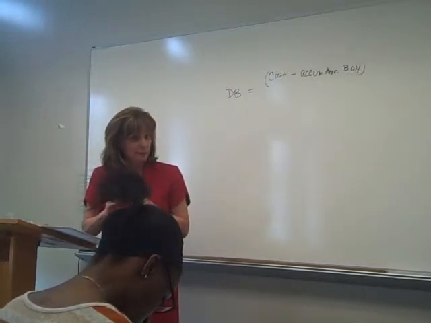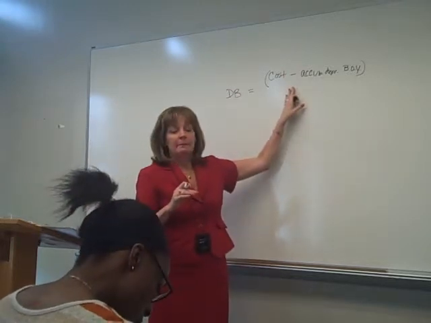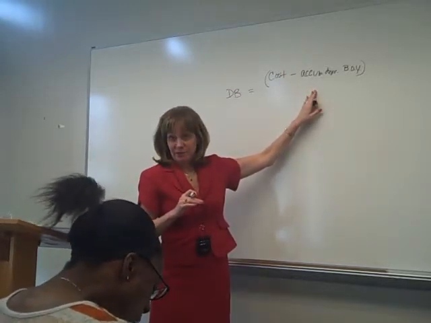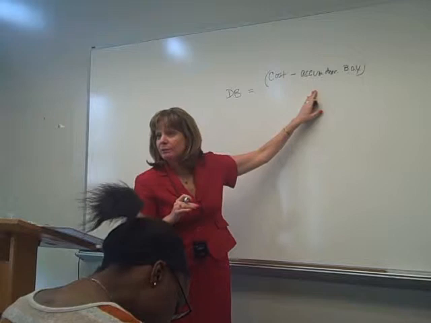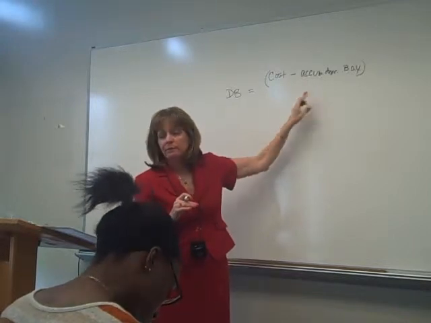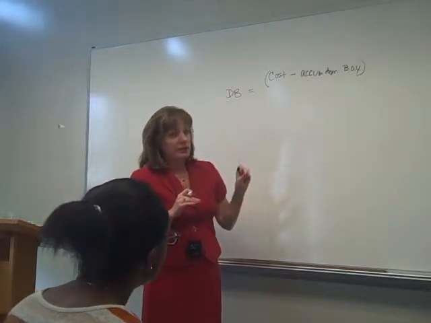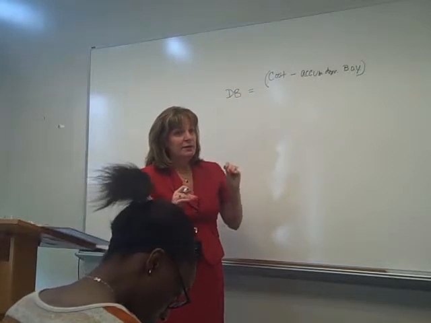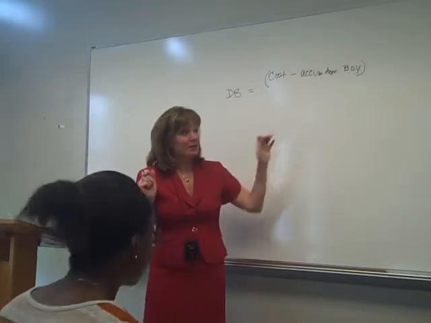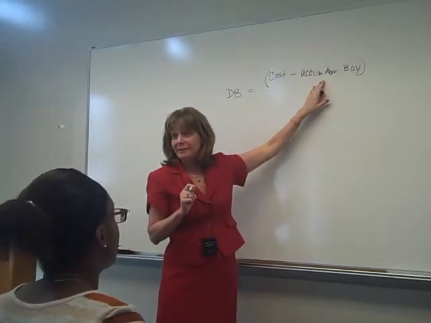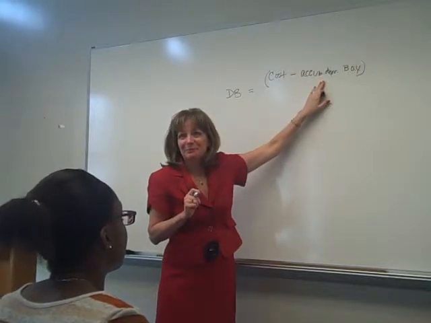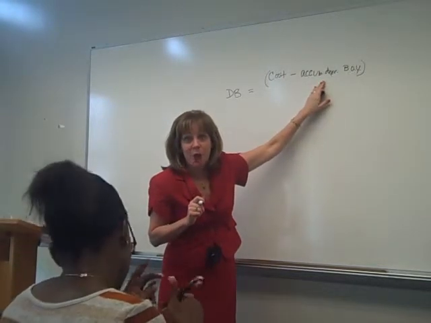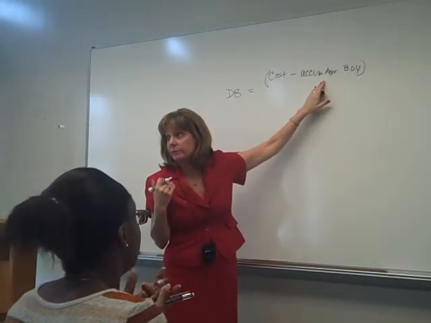Yes? And so this number will change every year. So far, so good. Also, in year 1, there was not a previous year, so this will always be 0. In year 1, it's 0. Always. And I don't say always very often.